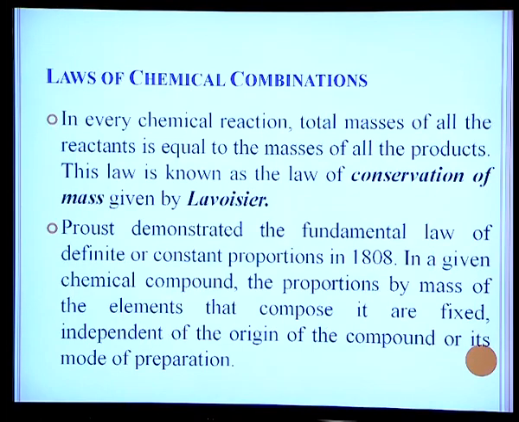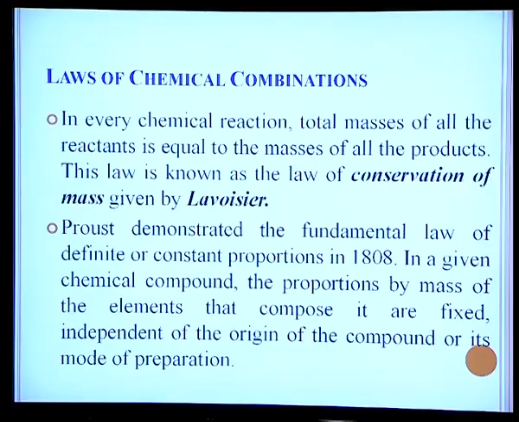Suppose you take the reaction Mg plus O2 forming MgO, so we can say 2Mg plus O2 gives 2MgO. If you calculate the mass of reactants and the mass of products, you will find that they are the same, which indicates that in a chemical reaction mass is not destroyed, it is always conserved. It means the mass of the products and reactants remains the same.